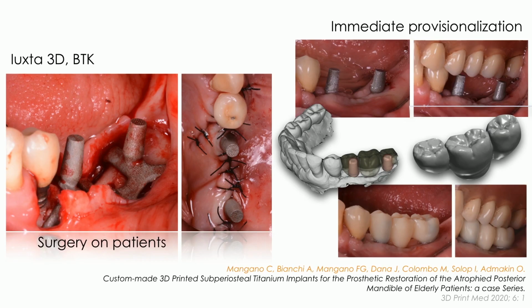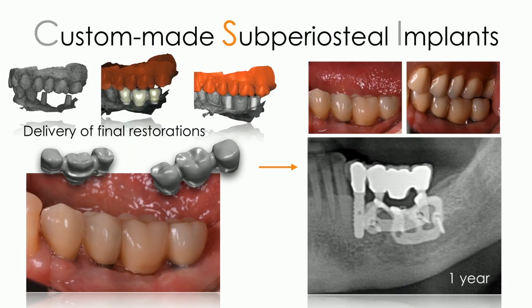And then the surgery is quite fast. You need to open the flap and place the implant, which fits almost perfectly, because it's designed exactly on that bone. And then you can also perform immediate or anticipated loading with provisionalization. And after all, the result is not so bad after 1 year, and the patient is very satisfied, and everything has been done without any bone regeneration.